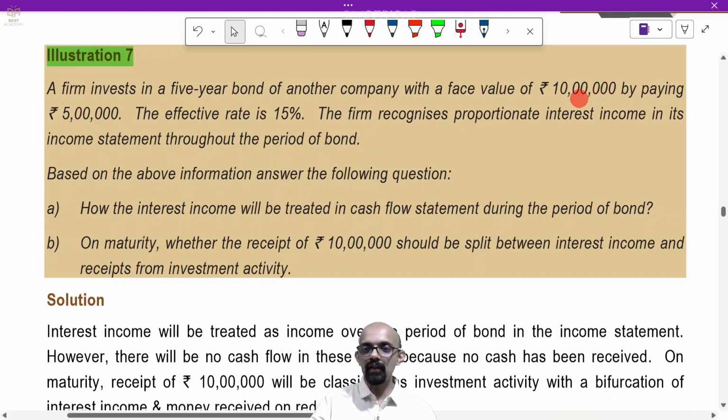On the last year, whatever is the principal amount, balance outstanding, both are going to be shown in investing activities, but you just show interest and principal separately. Interest for the year, interest for the remaining previous 4 years, and also the principal amount of 5 lakhs.